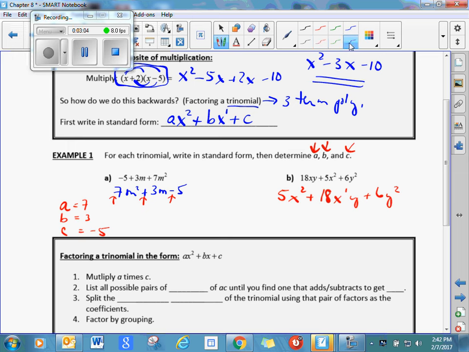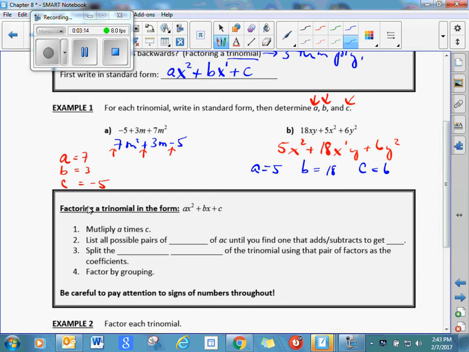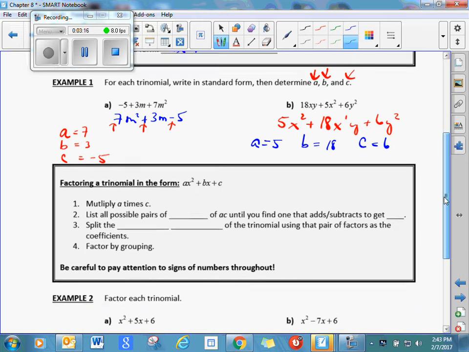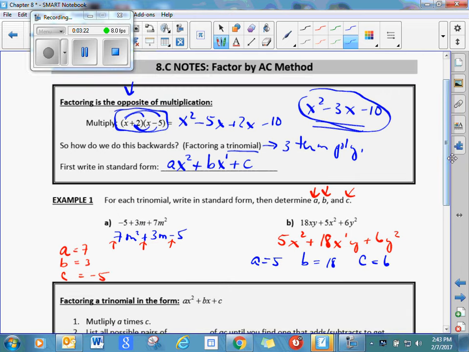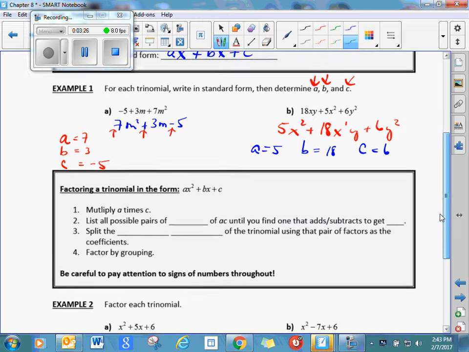So if we want to identify, our a is positive 5, our b is positive 18, and our c is positive 6. So we're going to use this information to actually factor something that looks like this, and to get back to the two factors that we started with.